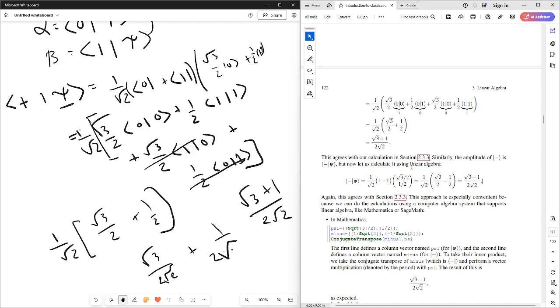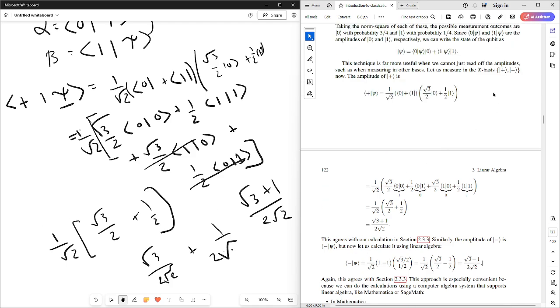But yeah, it's useful because we don't know what the amplitudes actually are for this measurement, right? We have the amplitudes for one basis, so it's in the z basis here, 0 and 1. And we need to know, well, what happens if we measure that?